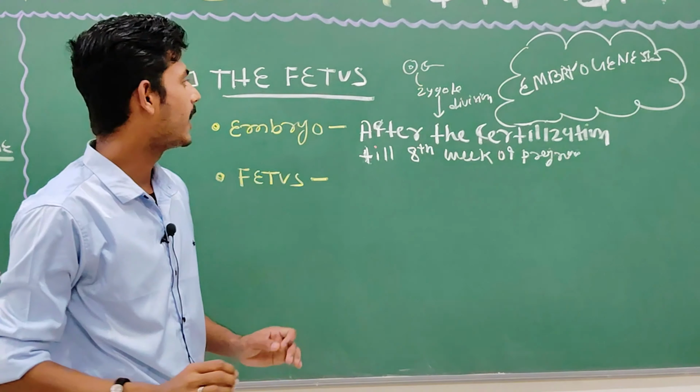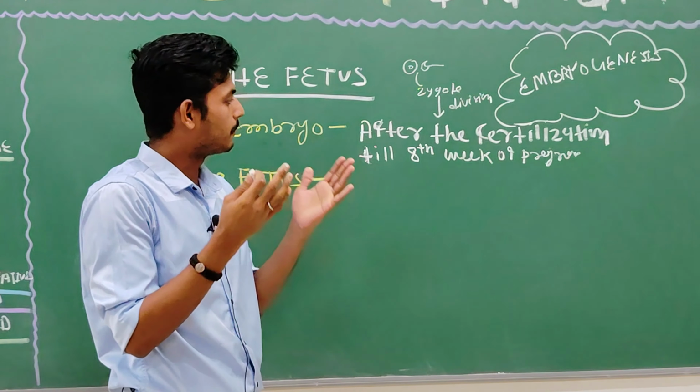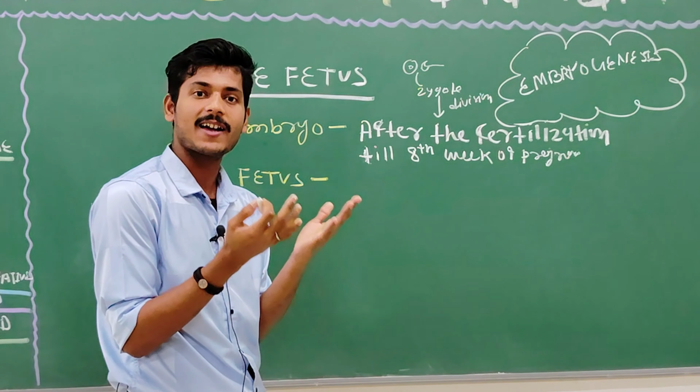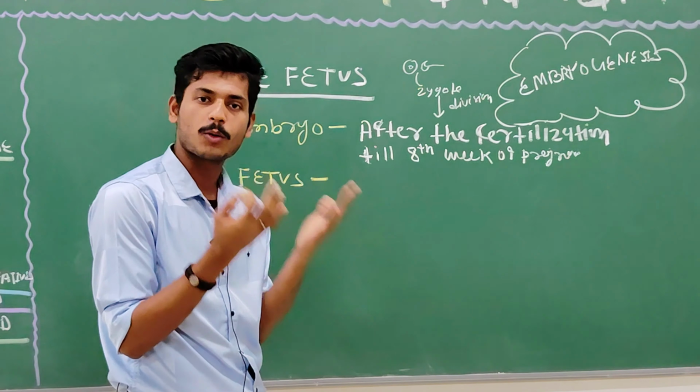Now, about the fetus, it's easy. After the 8th week, till the end of the pregnancy, the reproductively viable product is called the fetus. Some books write the 10th week, so you can write from the 8th week or 10th week till full term is called the fetus. Full term denotes the overall pregnancy.